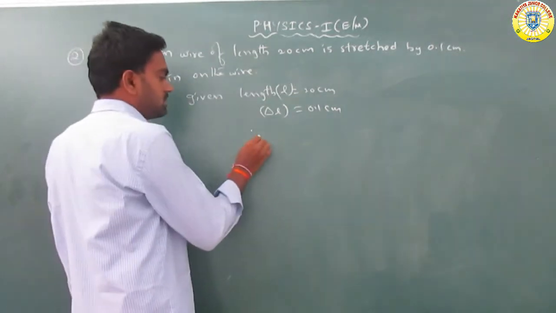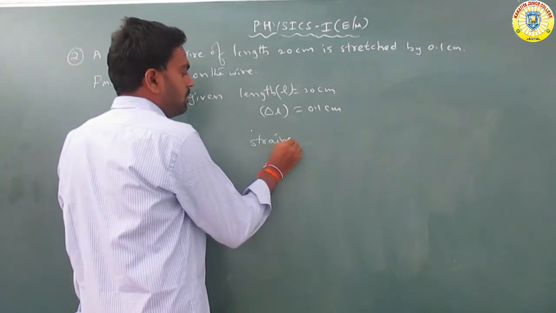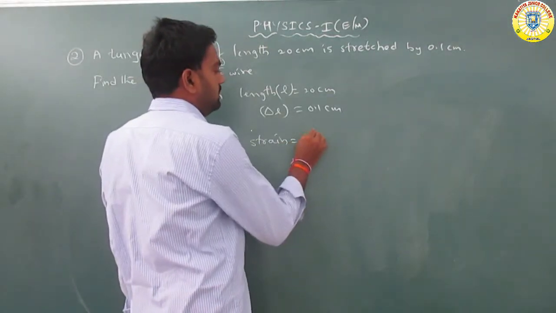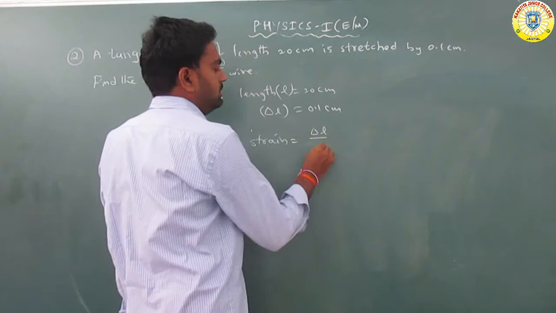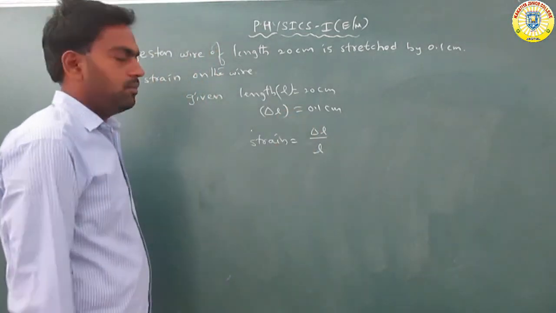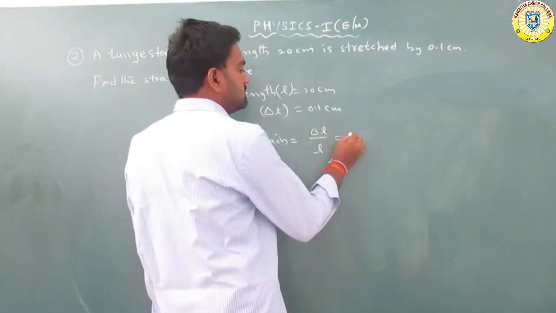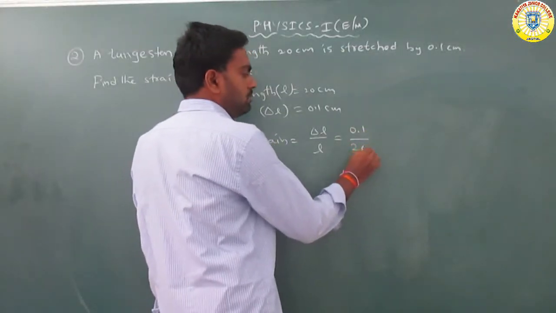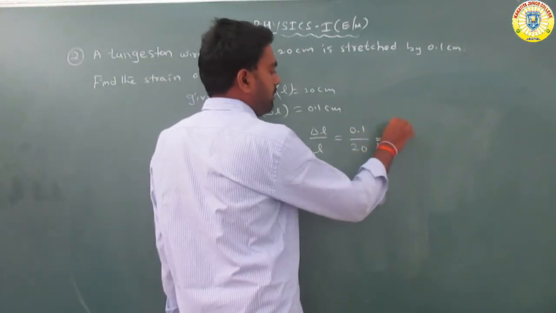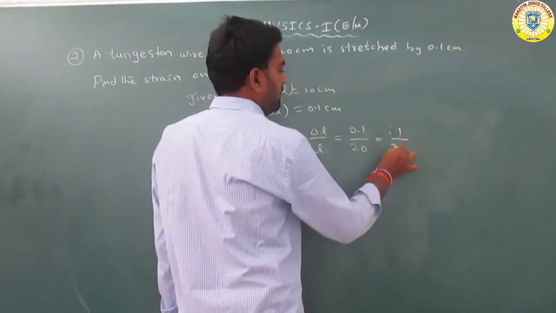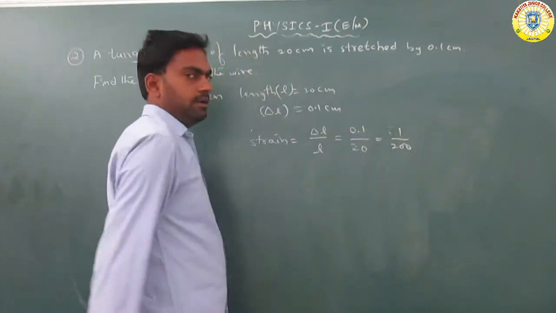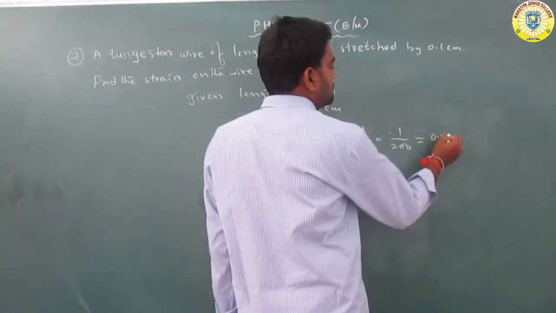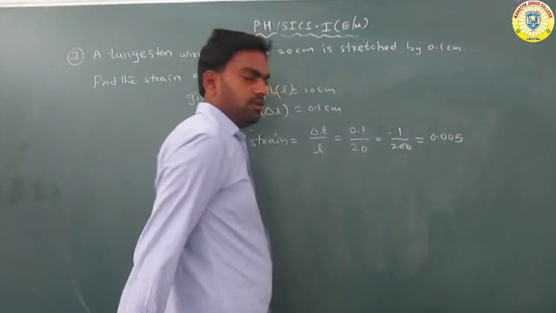So strain is equal to change in length by original length. The change in length is 0.1 centimeters, by L equal to 20 centimeters. So 0.1 by 20 is 1 by 200, which is equal to 0.005.